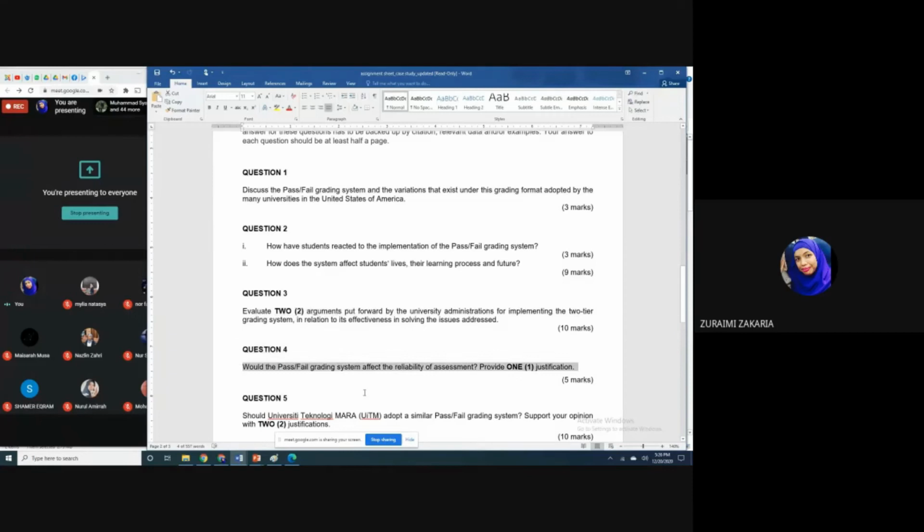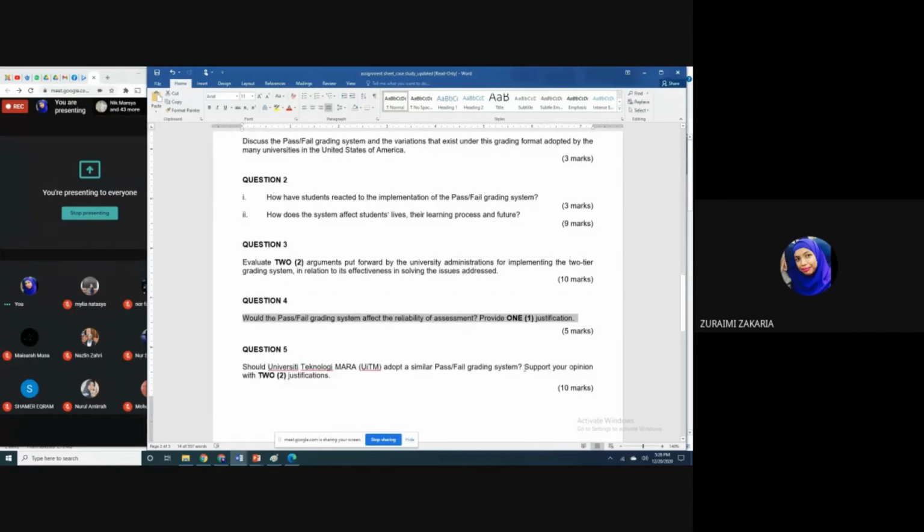Would the pass-fail grading system affect the reliability of assessment? I'm sure by the time now that you have taken the test, kau dah menyampah perkataan ni kan. Tapi macam mana penting. Provide one justification and it does have a lot of marks, it's 5 marks. So dengan pelaksanaan pass and fail grading system ini, ada tak sebarang efek ke atas reliability?